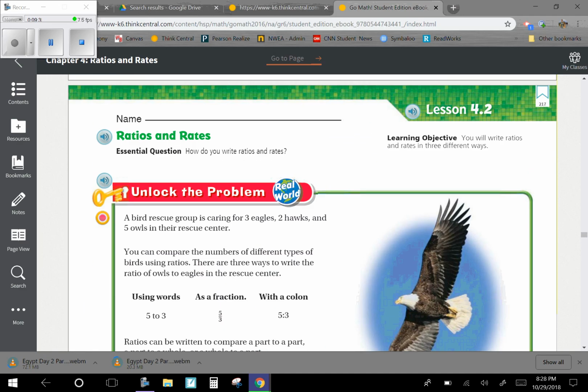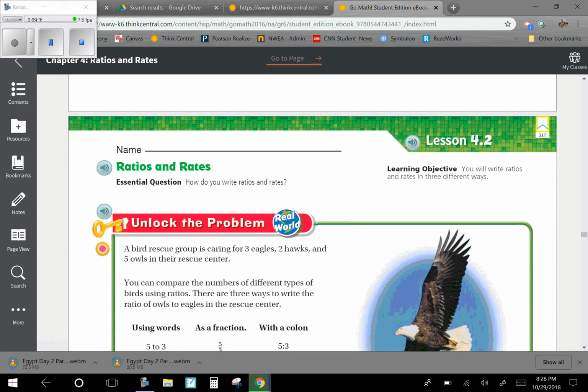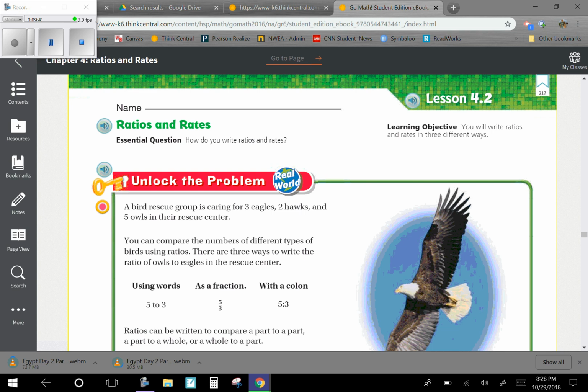All right, and just a quick reminder what our objective was: you will write ratios and rates in 3 different ways. If you have any questions, please ask your teacher.